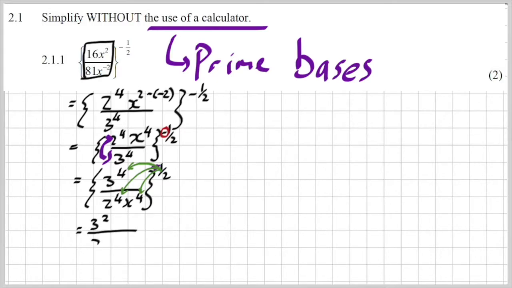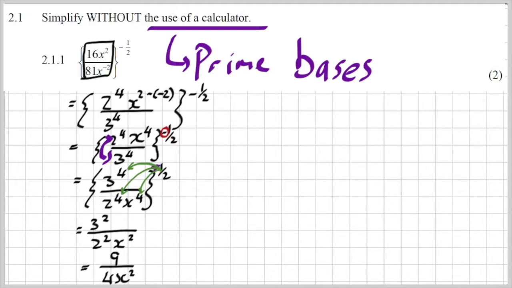So I've got 3 to the power of 2, 2 to the power of 2, x to the power of 2, because I'm multiplying the exponents with the power of a half. So in other words, I'm sitting with 9 over 4x squared.